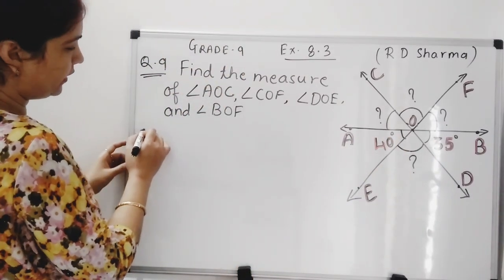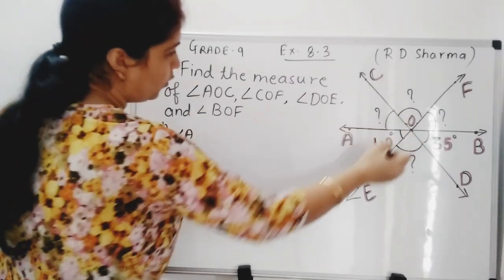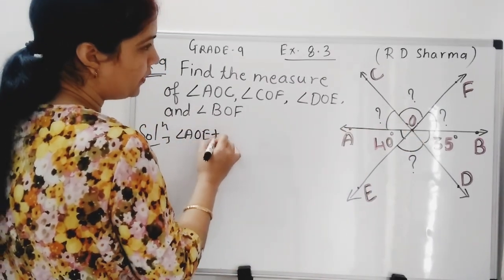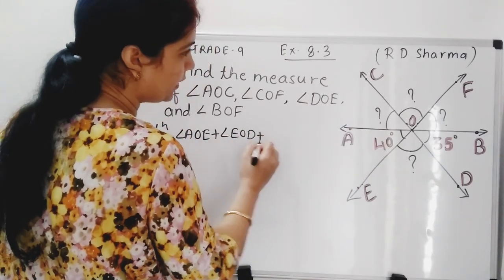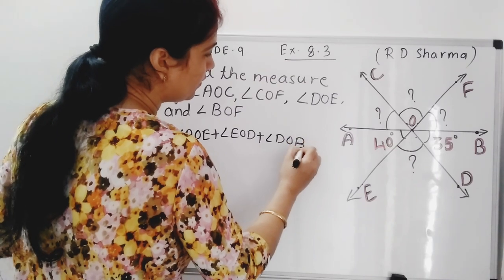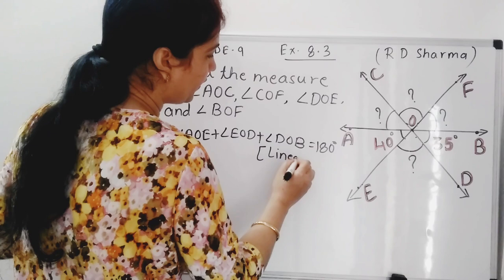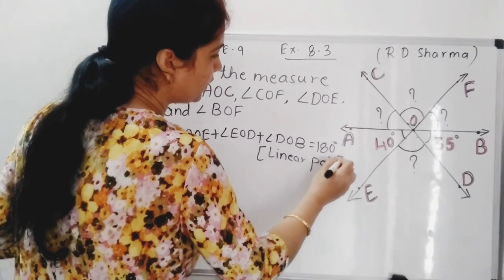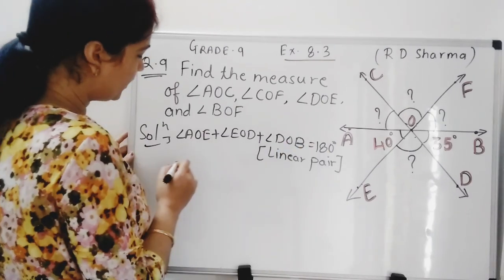So here I can write angle AOE plus angle EOD plus angle DOB is equal to 180. Why? Because it's a linear pair. You always have to mention in brackets what property we are using. So this is 180 because of linear pair.